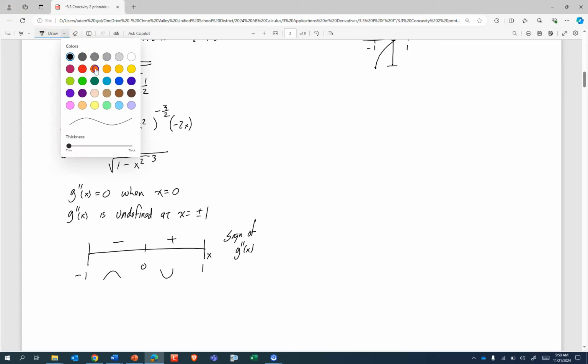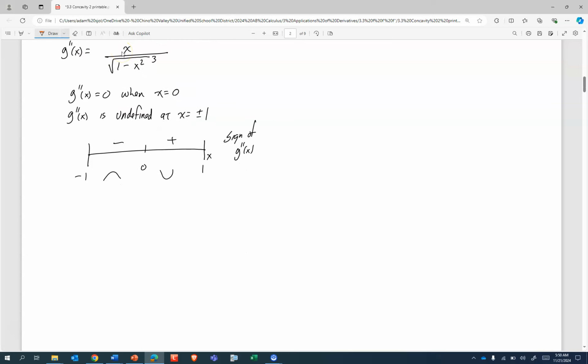Okay, so g of x is continuous on negative 1 to 1.